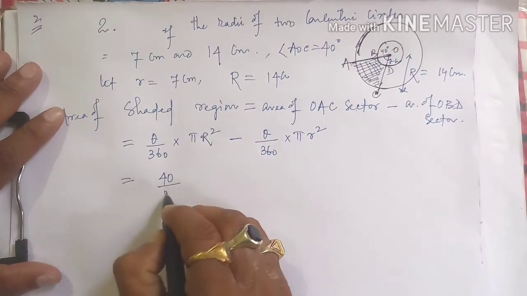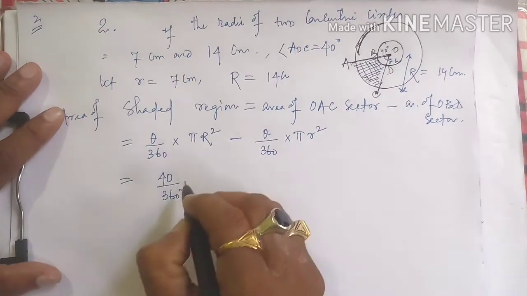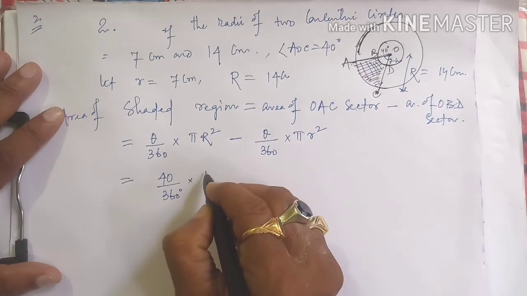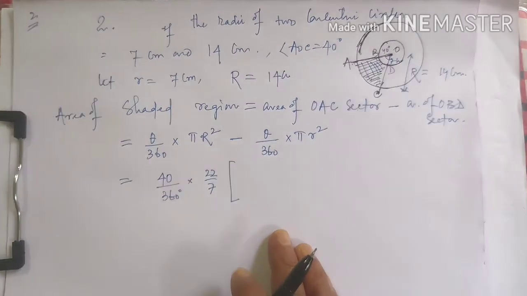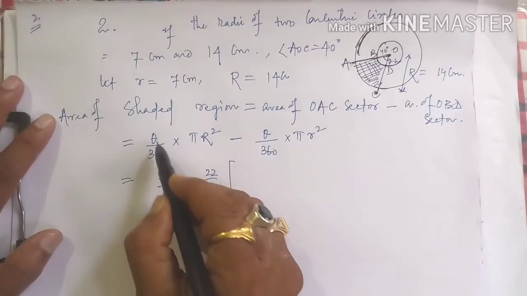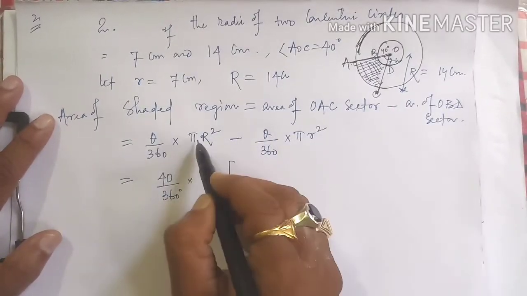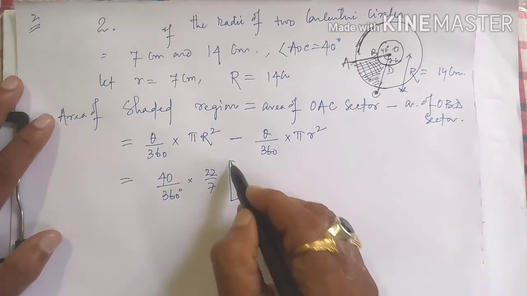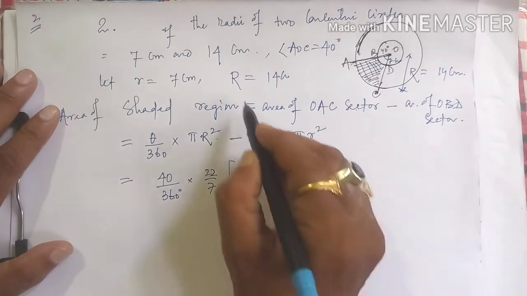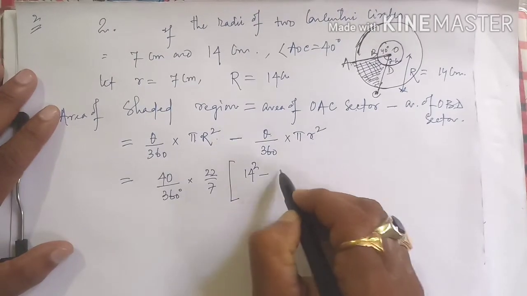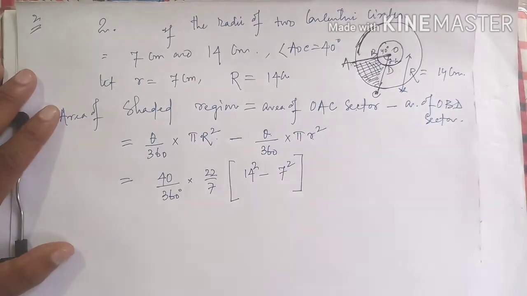So 40 by 360 into pi 22 by 7, you take common. Clear? 40 by 360 and pi will come out of the bracket because it is the common part, and we can take R square minus r square, 14 square minus 7 square.